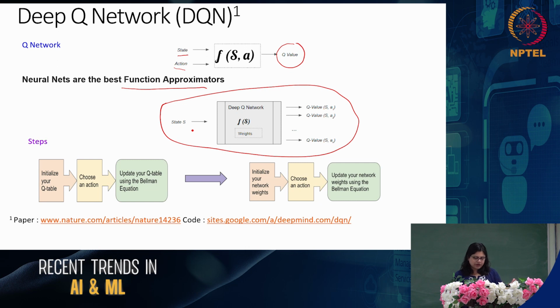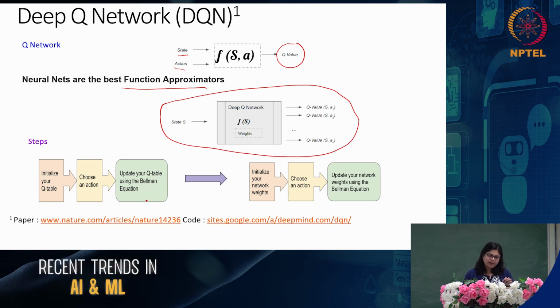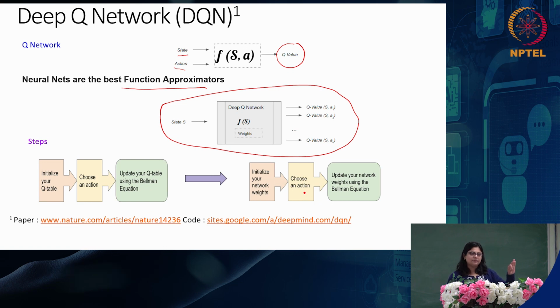In tabular Q learning, we initialized our Q table, then selected an action, and then updated the Q table using the temporal difference formula. Now also we will be using the same temporal difference formula, but it will be our error.